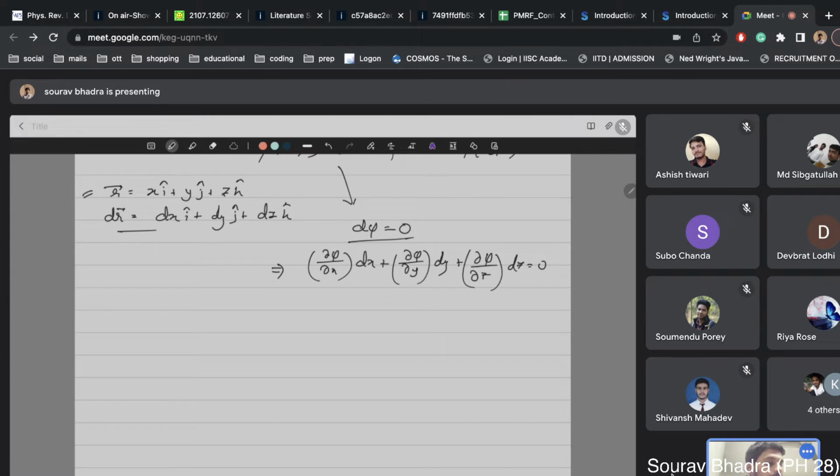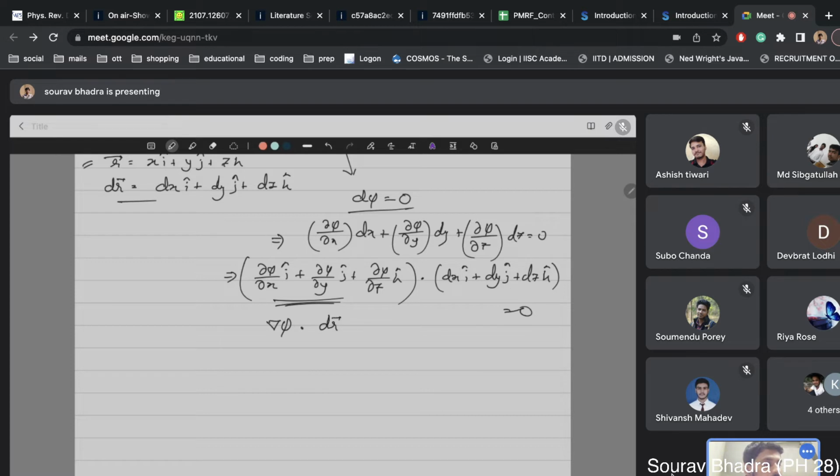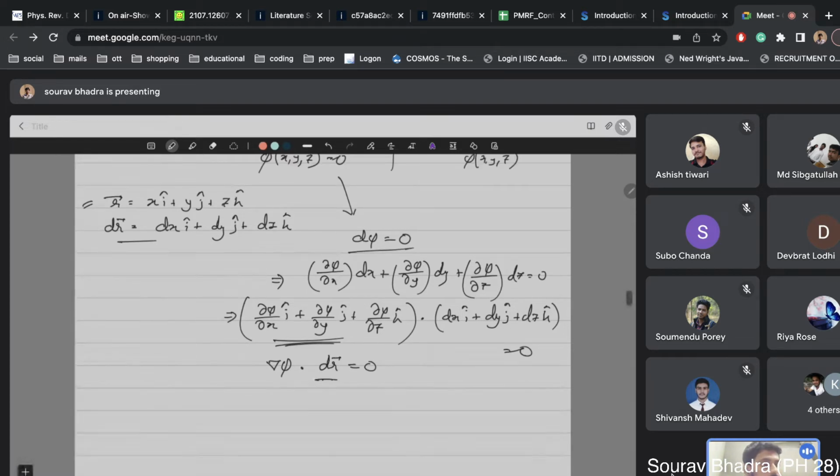This expression can be written in this form: del phi del x i plus del phi del y j cap plus del phi del z k cap, dot product with dx i plus dy j plus dz k, that equals 0. Now this is very obvious, it is grad of phi and it is dr. This dr is the same as this dr.